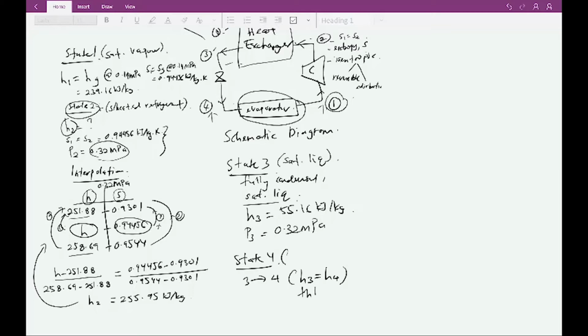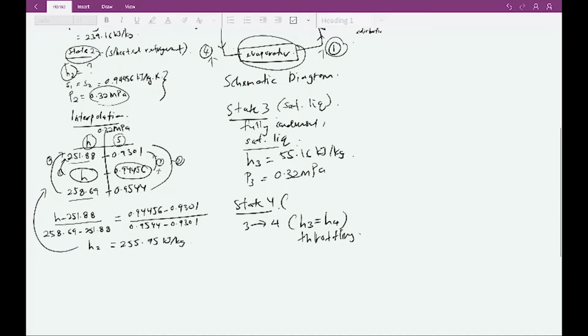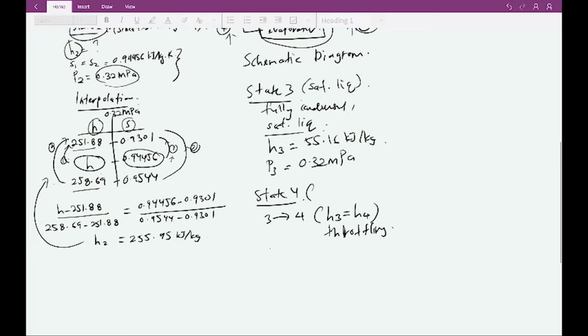This is for throttling, or we get the expansion in the throttle expansion device. So it's very simple here to find the enthalpy. H4 equal to H3 equal to 55.16 kilojoule per kilogram.